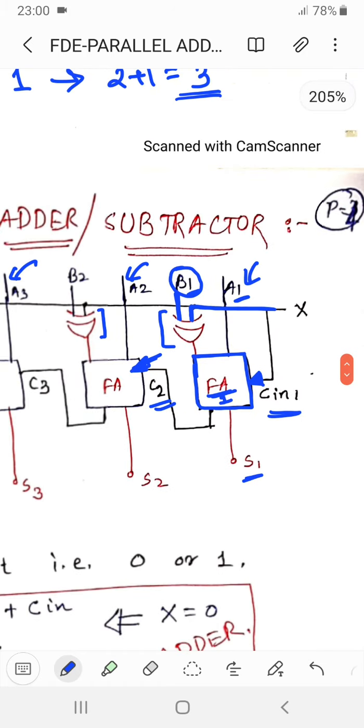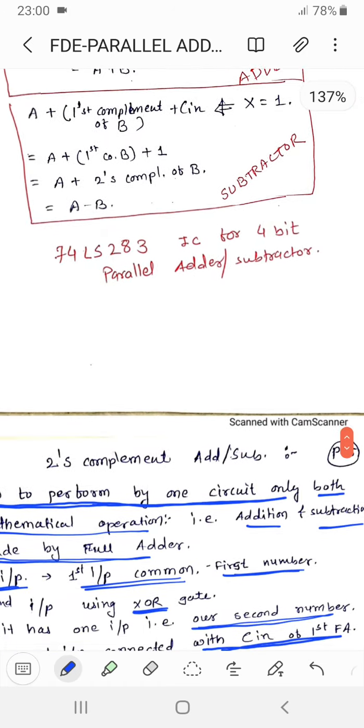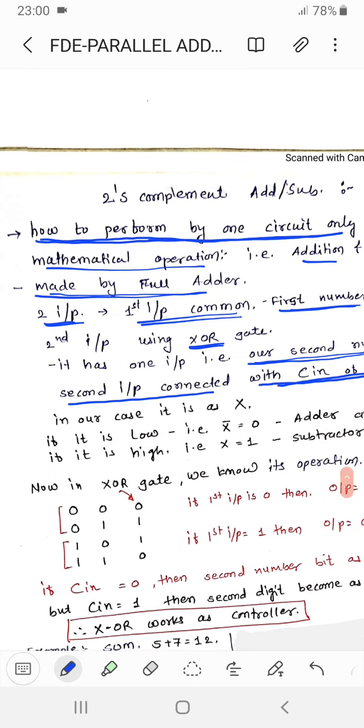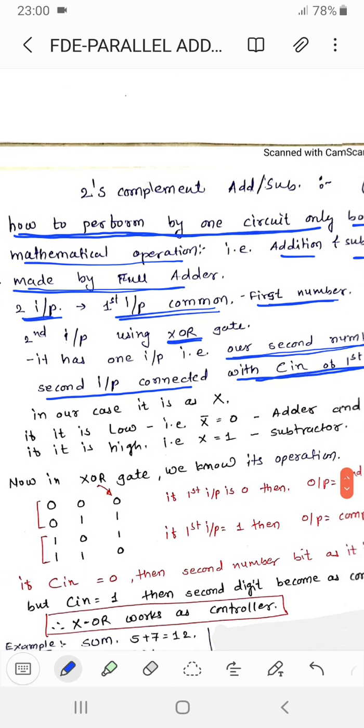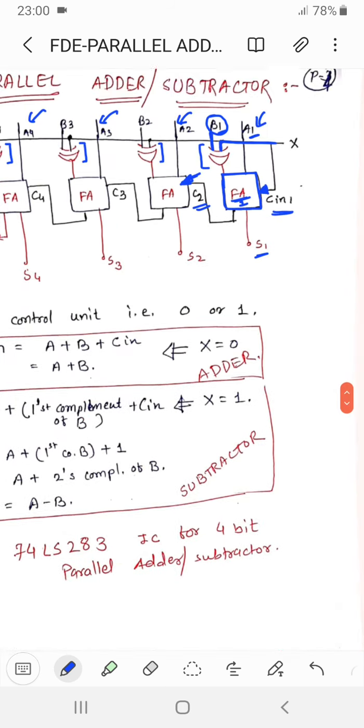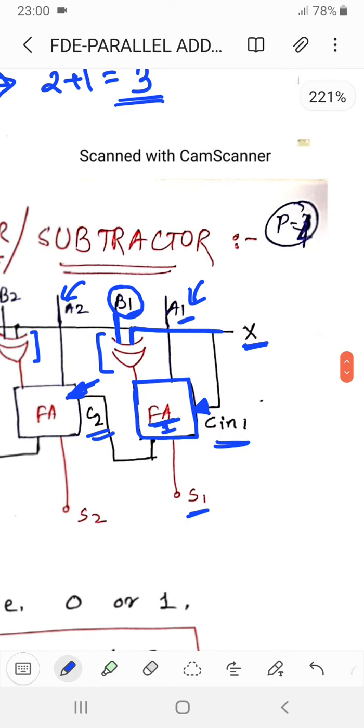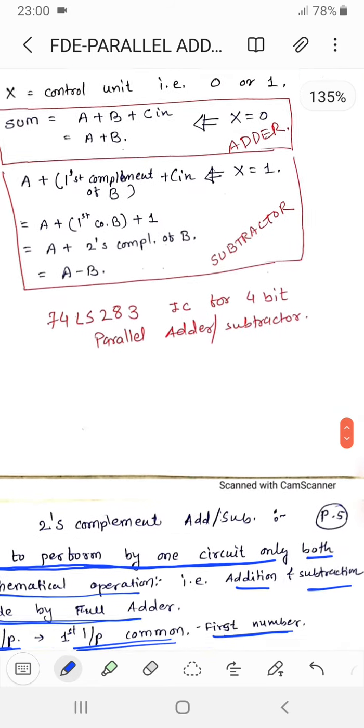Now we also know another thing. In this figure we are using X, and it is used as C in for the first full adder.